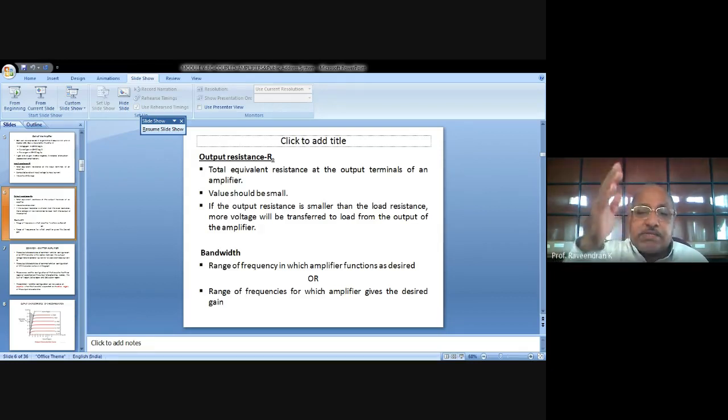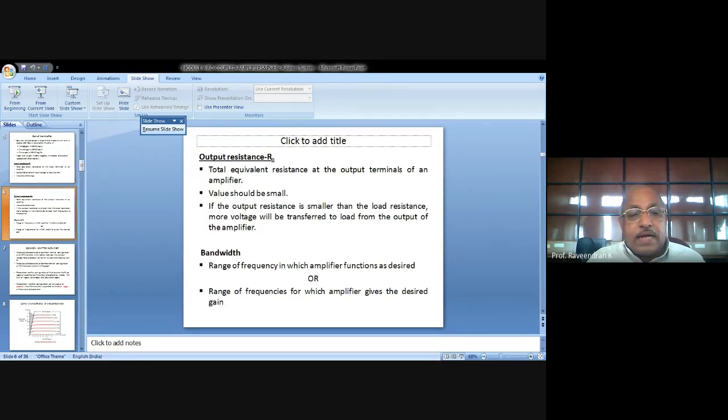VBE increases means IB is increased, so the base emitter junction conducts more current, and this results in an increasing collector current. When IB is increased, IC will be more, that is beta into IB.